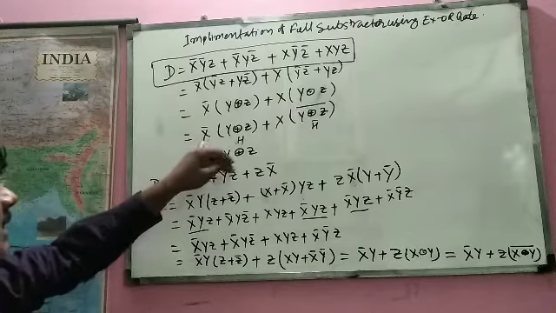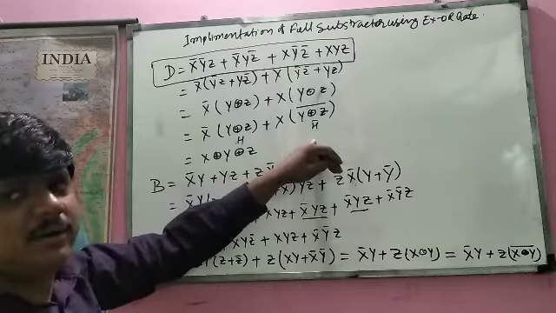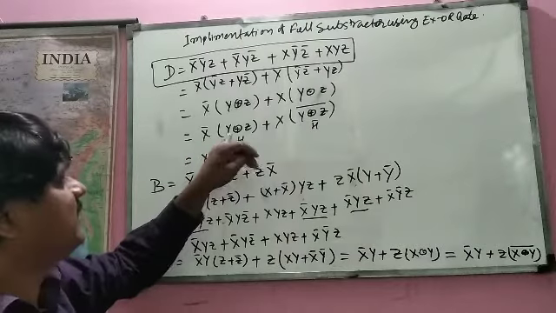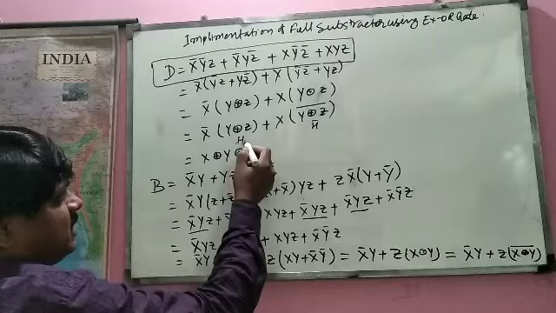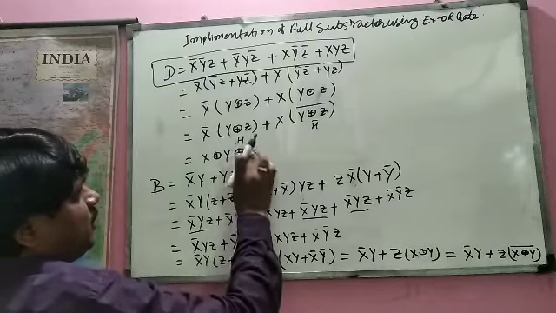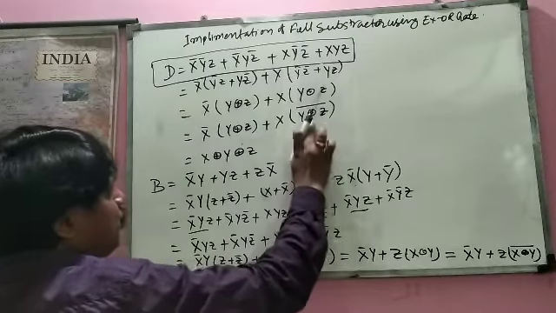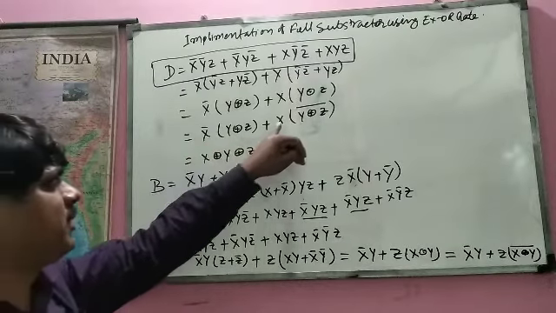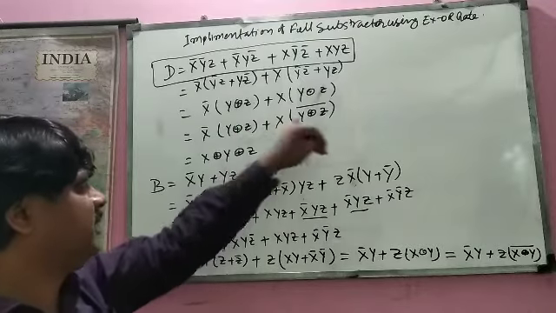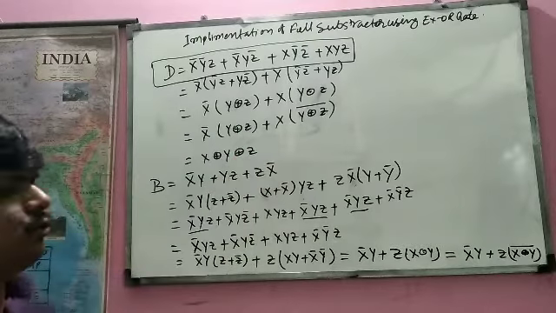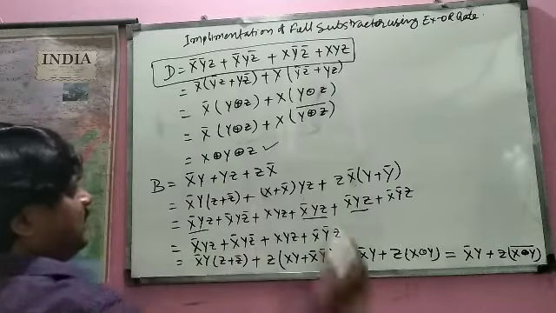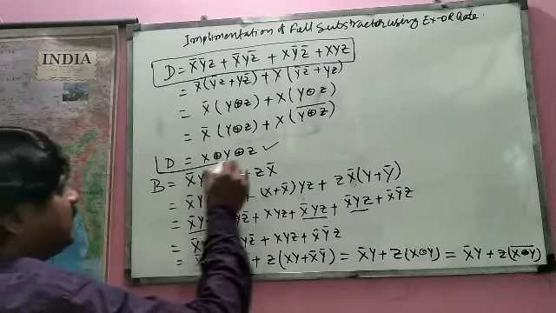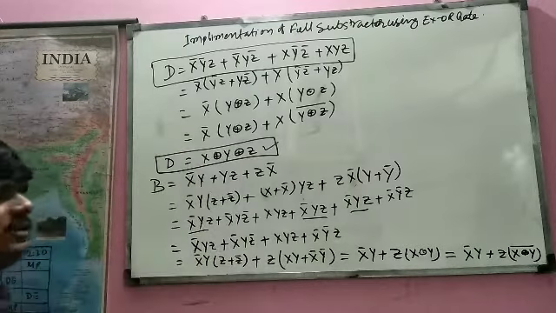So what will be the result? x bar H plus H bar x means x XOR H, and what is the value of H? This one, y XOR z. So the whole thing, non-complemented plus complemented of the same value, is the XOR combination. So D is nothing but x XOR y XOR z.